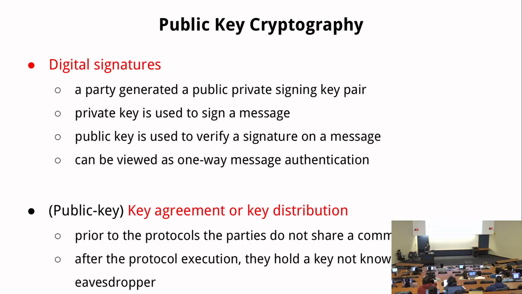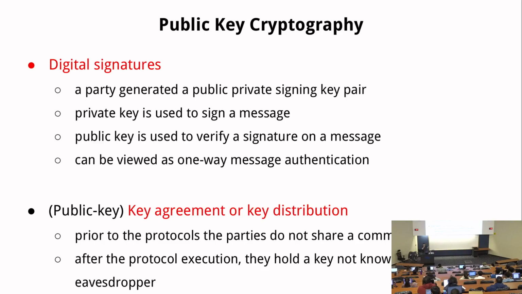So another application of this public key crypto system is we can use this for encryption, and we can also use it to verify the authenticity of a message. This is something we call a digital signature.